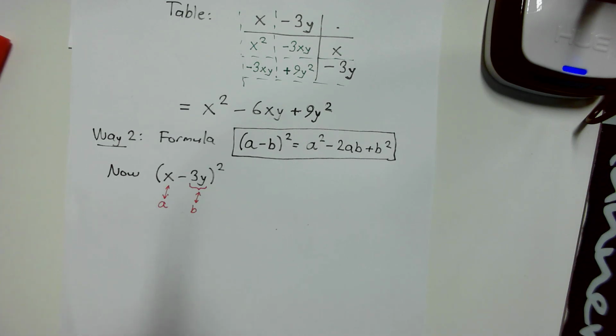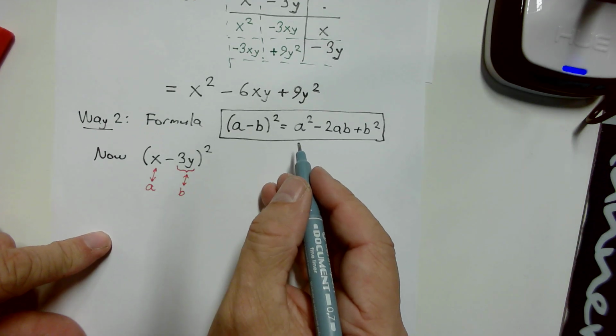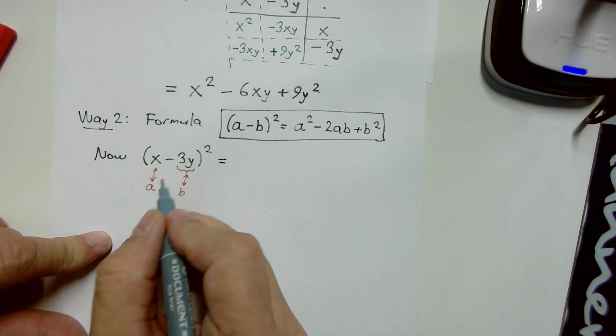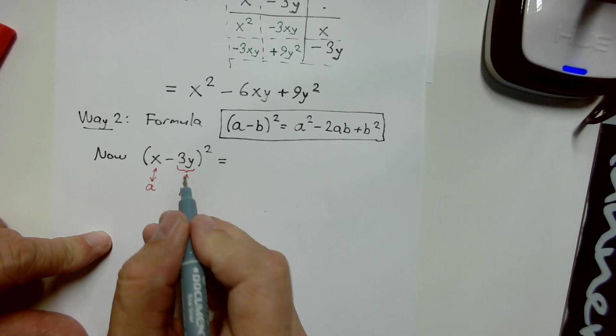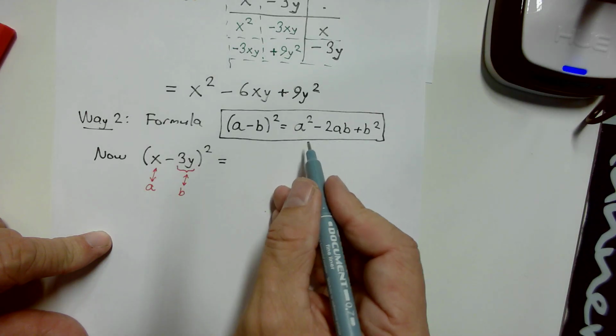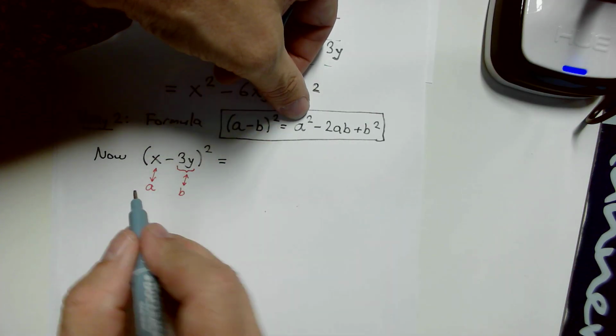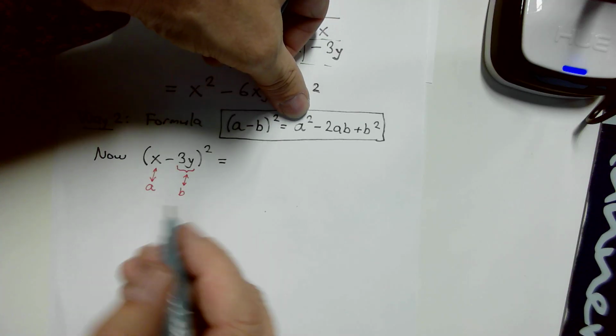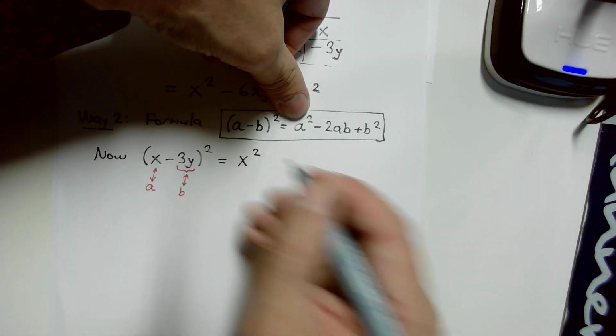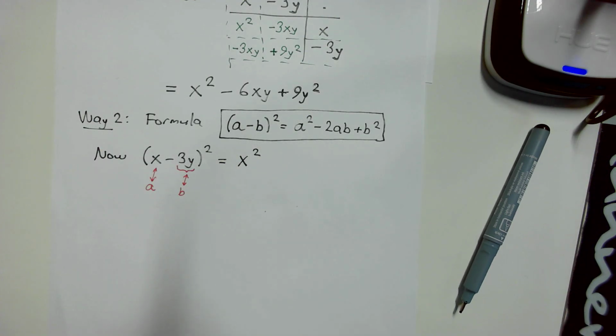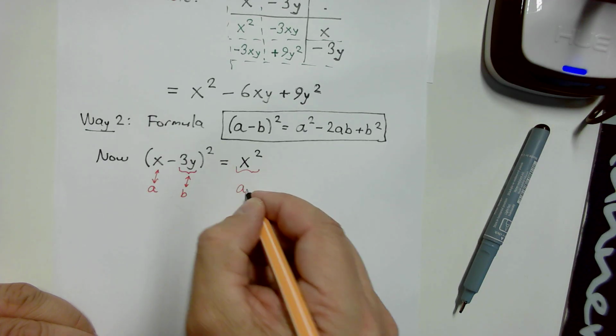So now, with the help of this formula, we just put the x and 3y in the correct place. We have a squared, so x should be squared. This is the same as a squared.